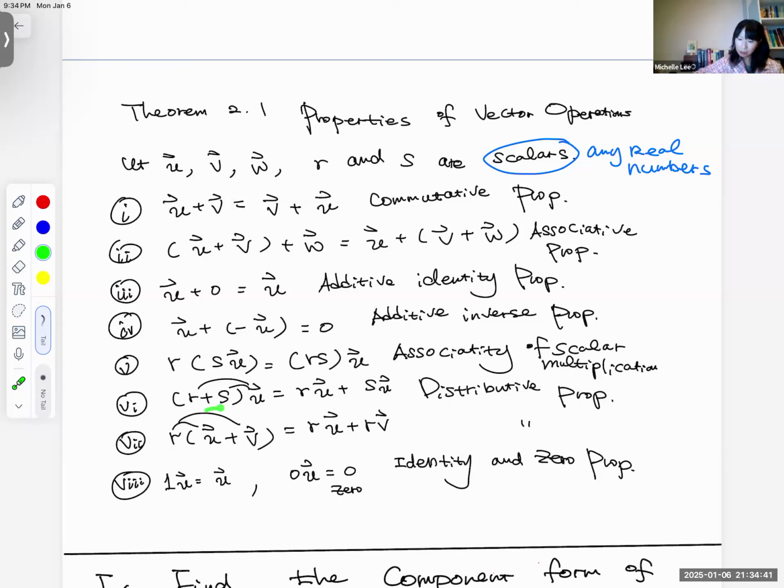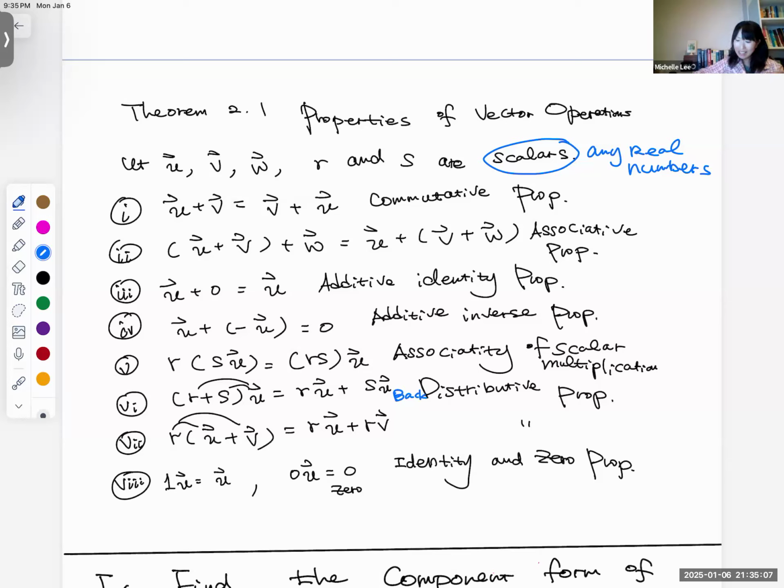And then we have the distributive properties. Basically this is the back distributive, and this is the front distributive, but we don't use the front, so we are using the back distributive.